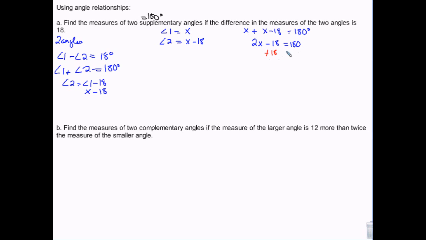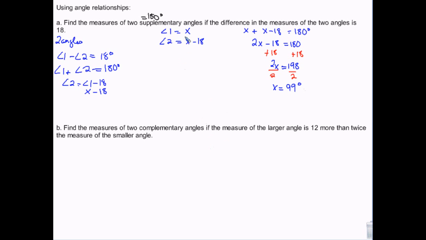I'm going to add 18 to both sides, and I'm going to get that 2x is equal to 198. And I'm going to divide by 2, and that is going to give me that x is equal to 99.